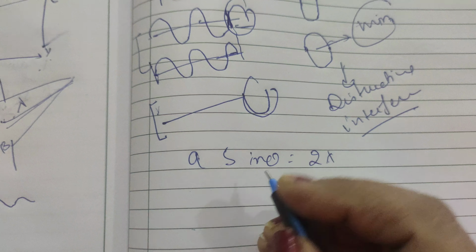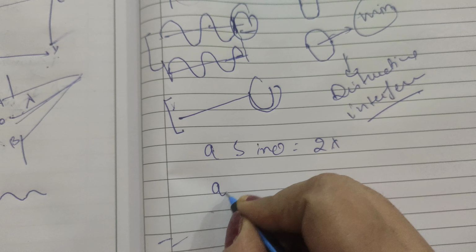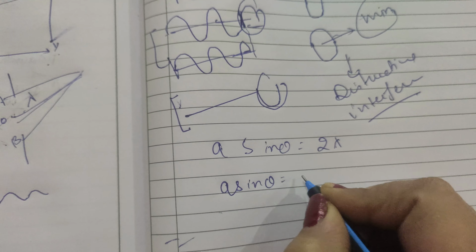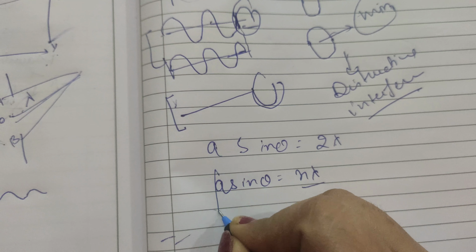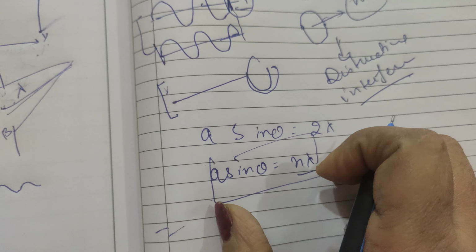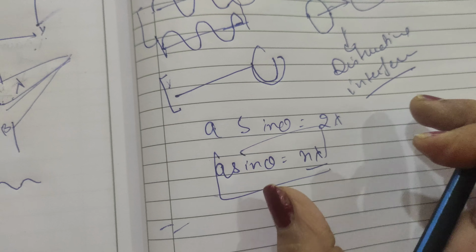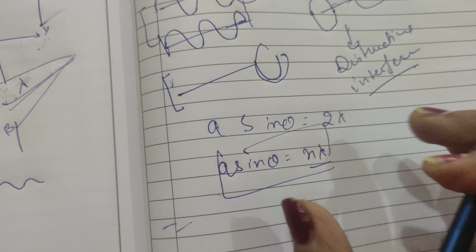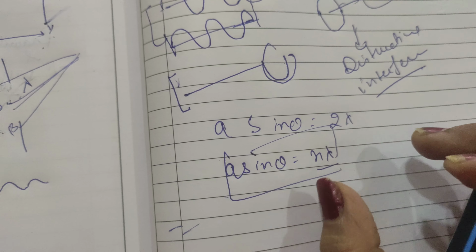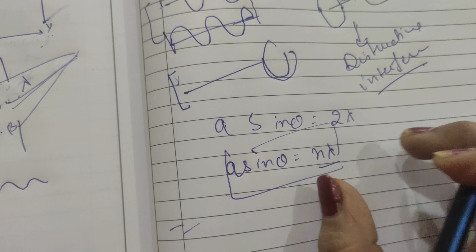So if we generalize, if the path difference is equal to n lambda, we will obtain the position of minimum intensity, and hence we have destructive interference.